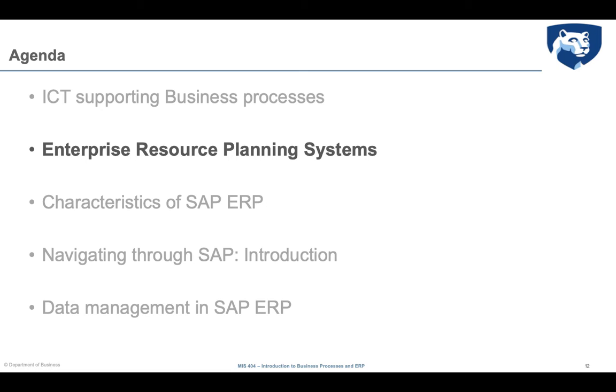Among the different types of operational information systems, transaction information systems, the broader set of these information systems is called enterprise resource planning. Let's see a very famous example of how enterprise resource planning systems were introduced in a company.